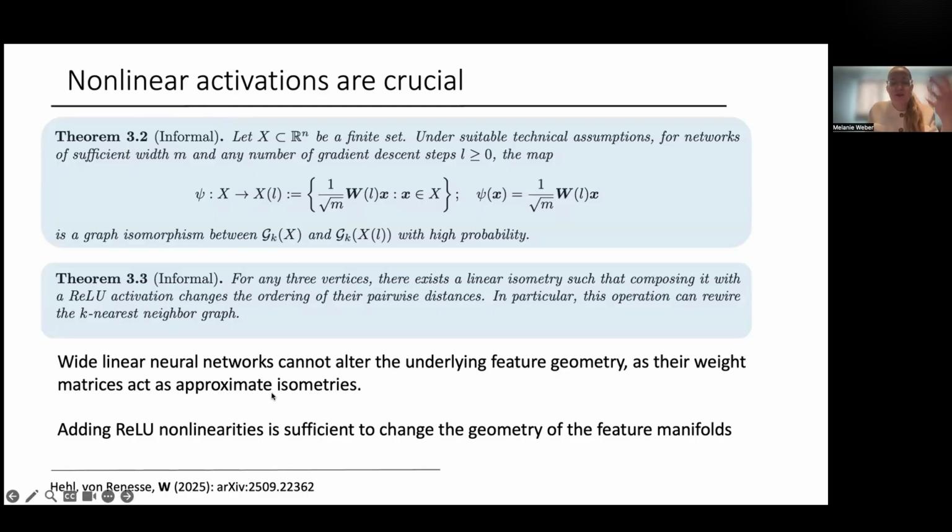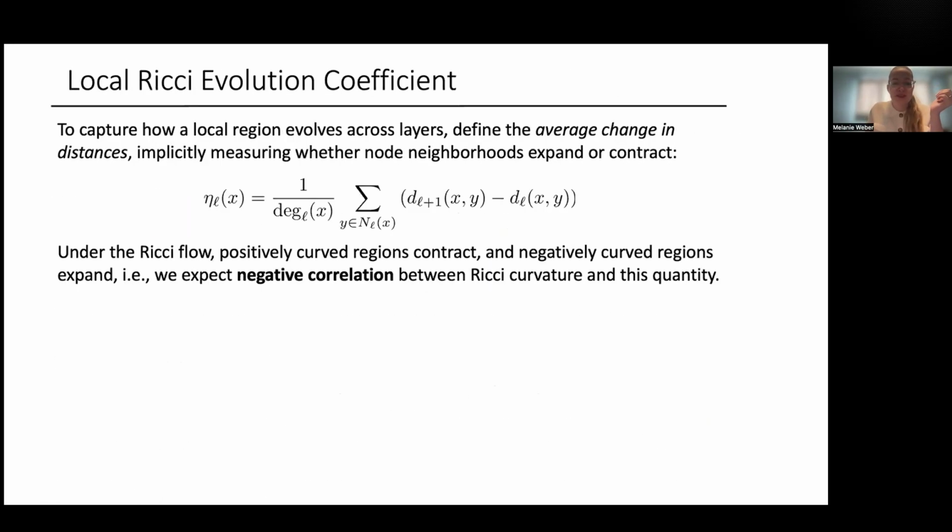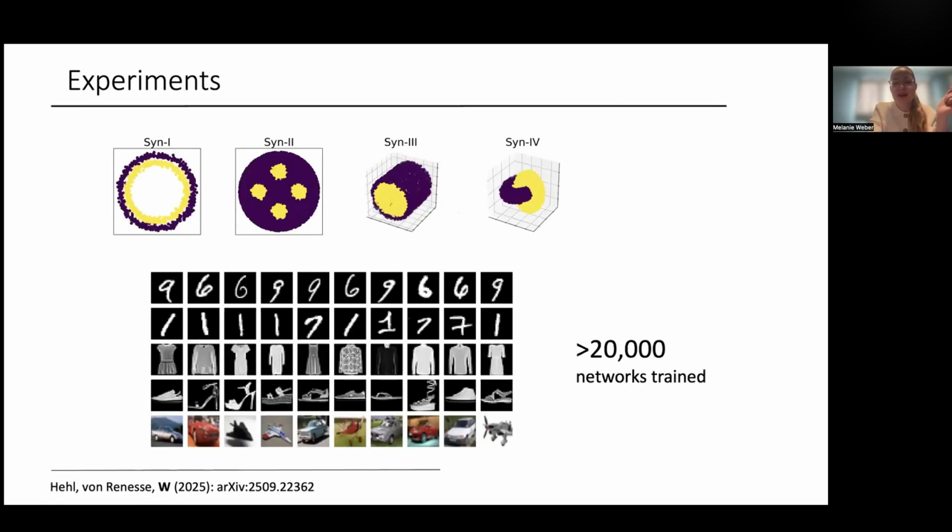It is well known that linear networks cannot always find good binary classifiers. In particular, for some of the examples that we're looking at here, for instance, those low-dimensional manifolds, let me go quickly back to this.